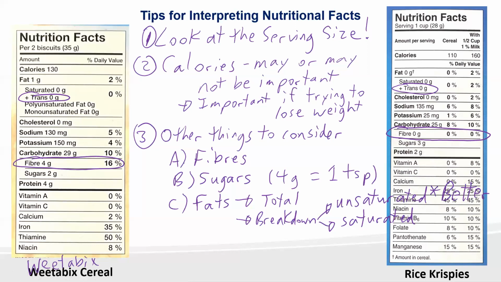Other things to look for, just enough room to finish off what I want to talk about, is sodium. So 130 milligrams for the Weetabix and 135 milligrams for the Rice Krispies. Generally, less is better. Again, that kind of depends on your health situation. Most young people can tolerate reasonably high amounts of sodium.